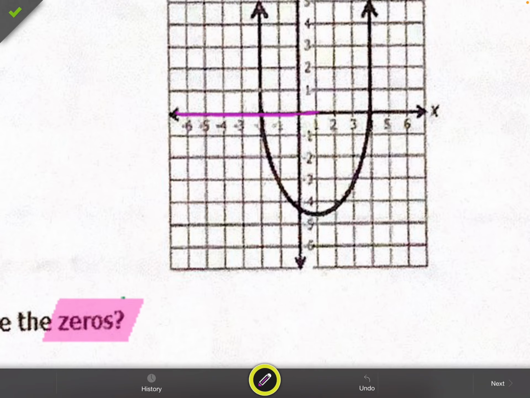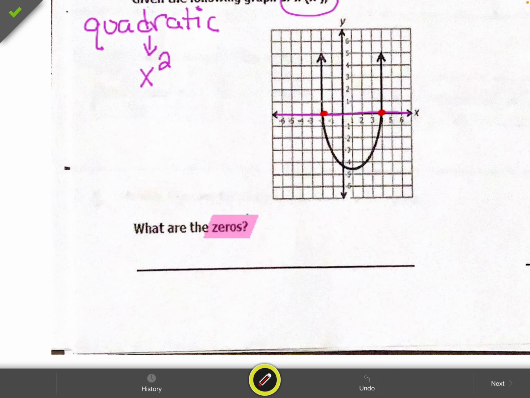This is your x-intercept. They always should have it labeled. And then you just have to look on your graph. So the zeros are where it crosses your x-axis. So this actually has two solutions. Okay, and then you would write it. x equals -2 and +4.